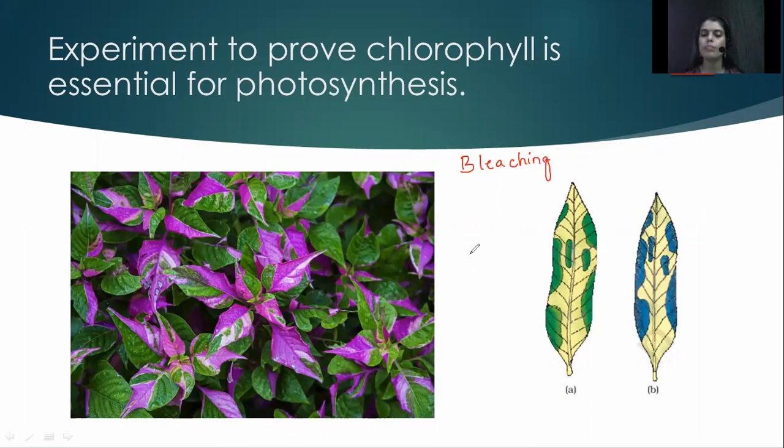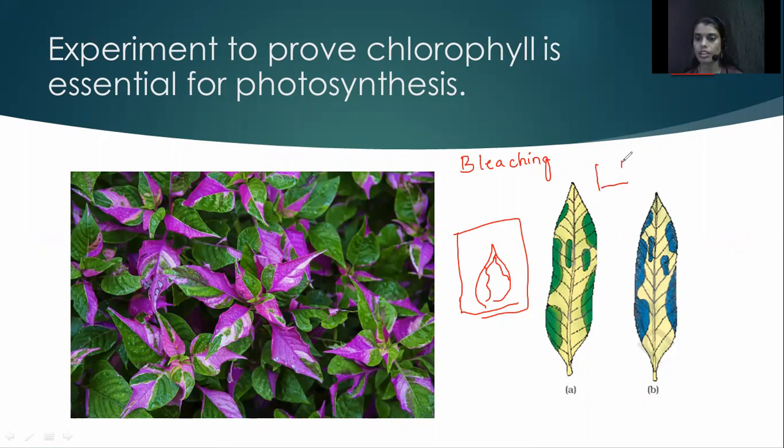Before bleaching, we take the leaf, put tracing paper on it, and trace the parts which are green in color and the parts which are not green in color on the paper. Why are we doing so? Because after bleaching, we have to identify which parts show positive for the starch test and which parts do not show positive. Fine.